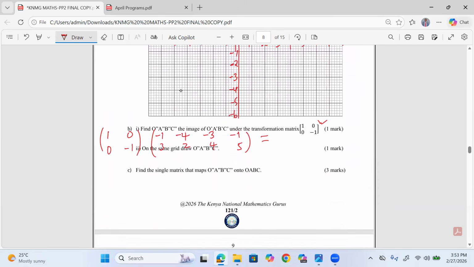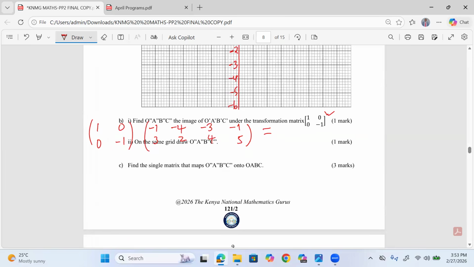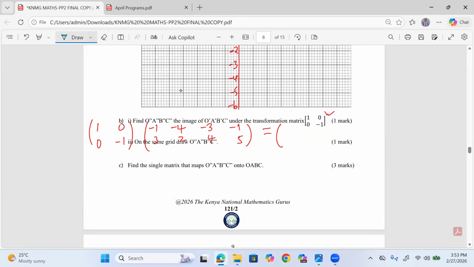That way. Then we now compute again multiplication of matrices to get the image. So we start. The first row here should multiply every column. So we start with the first column. So 1 by -1, then 0 by 3, and you add. 1 by -1, we get -1.